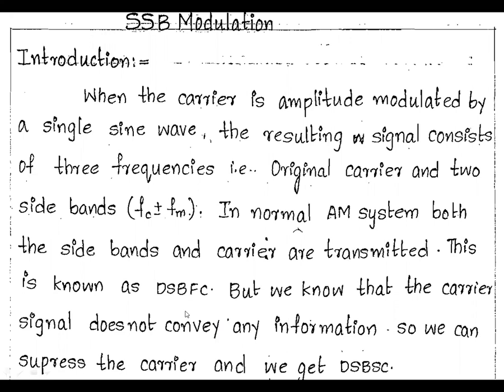But we know that the carrier signal doesn't have any information. The carrier is meant only to carry the information. So we can suppress the carrier and we get DSB-SC, double sideband suppressed carrier. Without suppressing the carrier, the signal is DSB-FC.